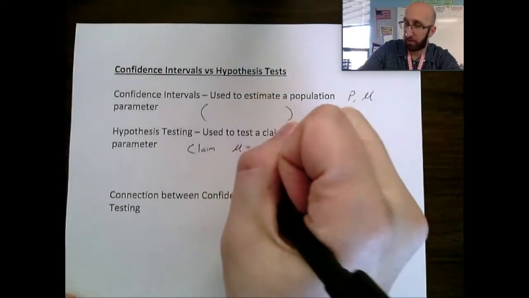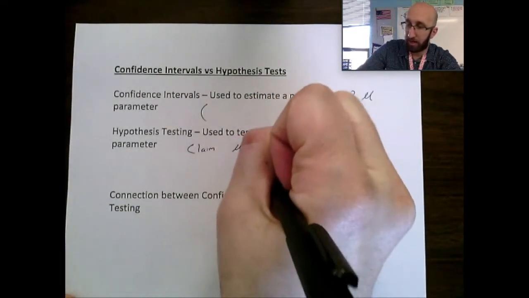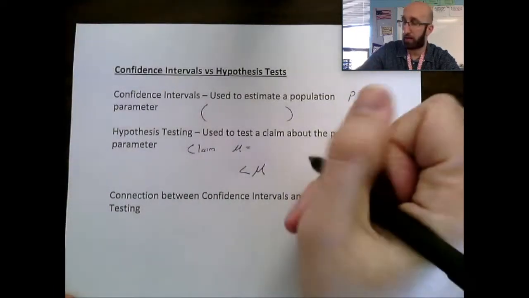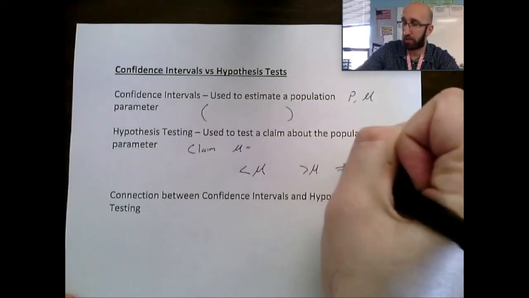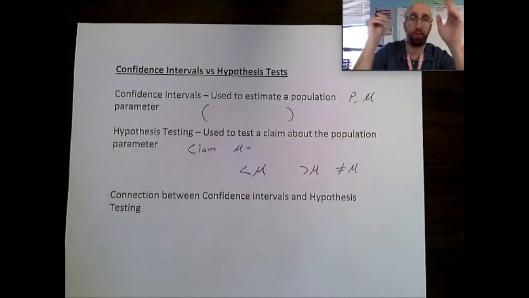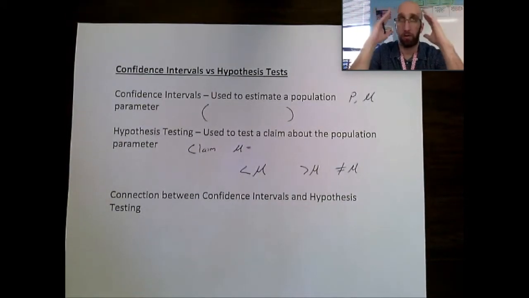We can argue things like, I think the average is actually smaller than that. I think the average is higher. I just think the average is not actually equal to whatever you say it is. We could argue all those different things.